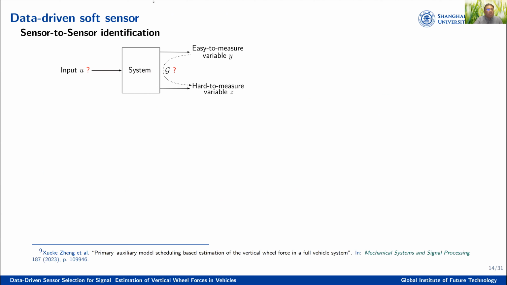In this case, the paradigm is that we classify the outputs of the system into two categories, Y and Z. Those Ys are easy to obtain, so we try to use the relationship from Y to Z to see whether we can obtain the Z value.